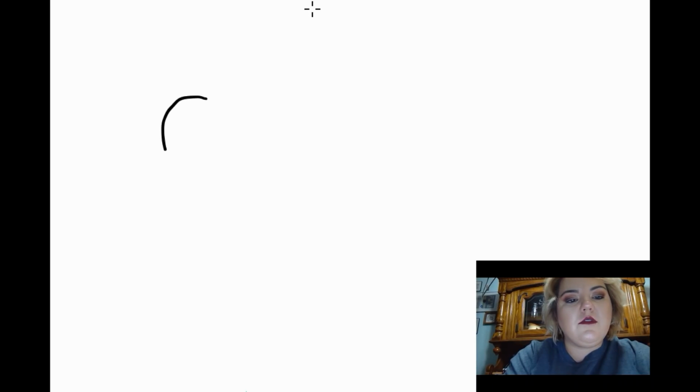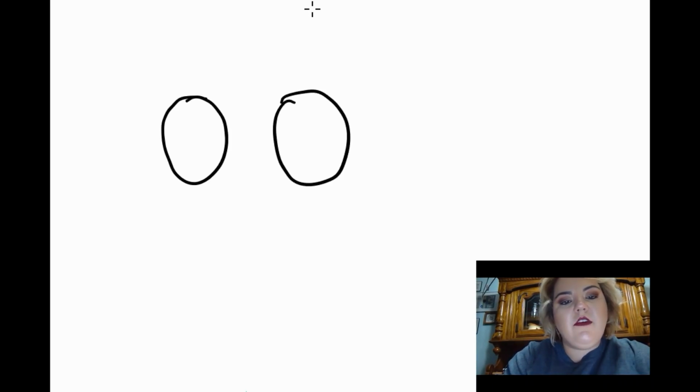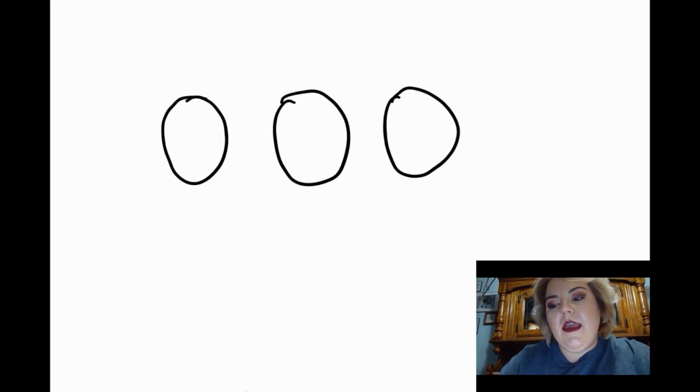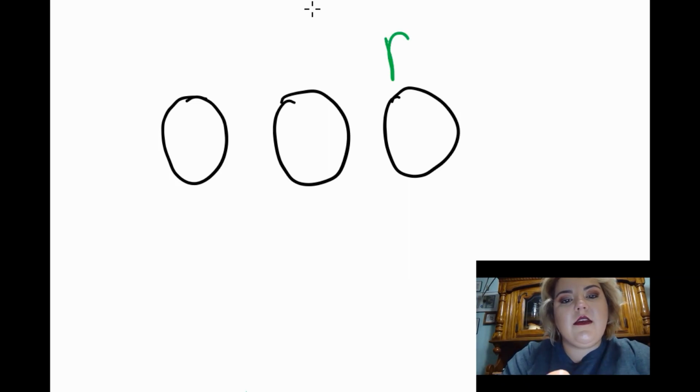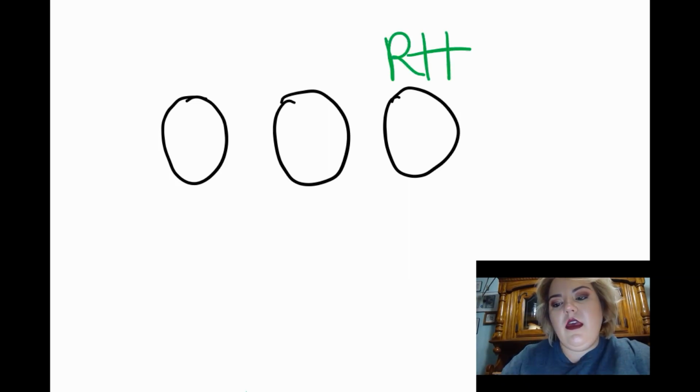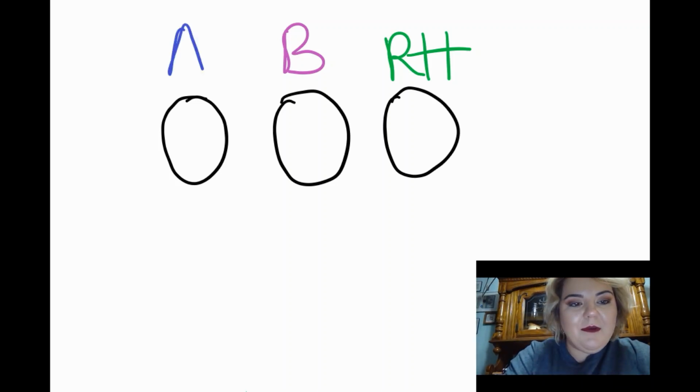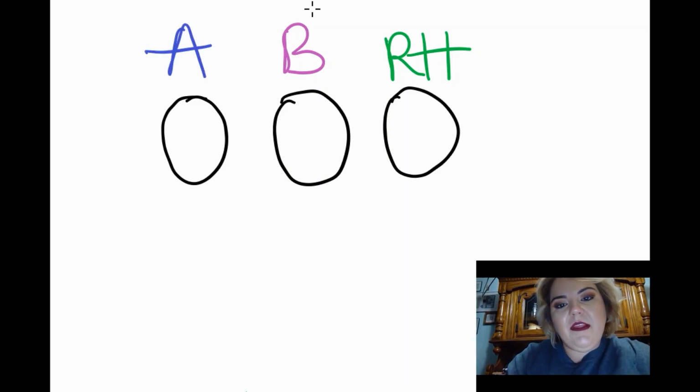Let's just make little circles. This is going to be our RH, and it's always going to be labeled like this. You're going to know what antibodies are in there, because without that, how are you going to know what's going on? So they're going to be labeled, and we'll write it off to the side here so that you can keep it in mind. These are the antigens.